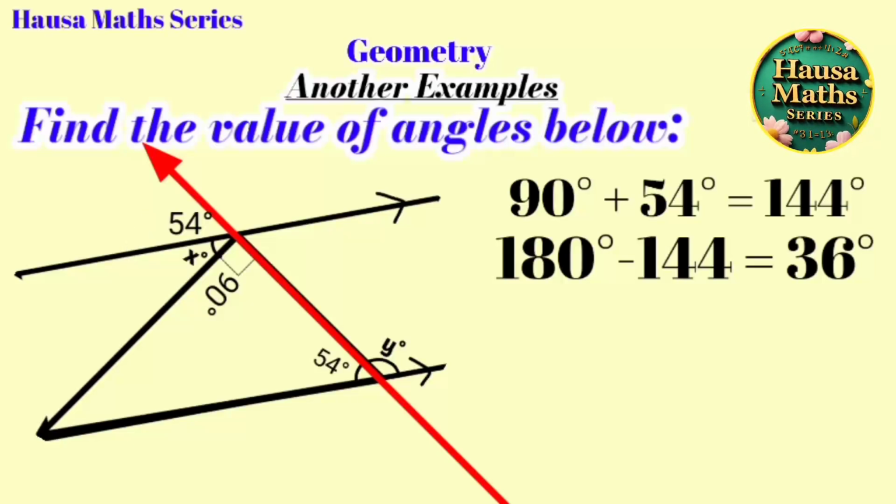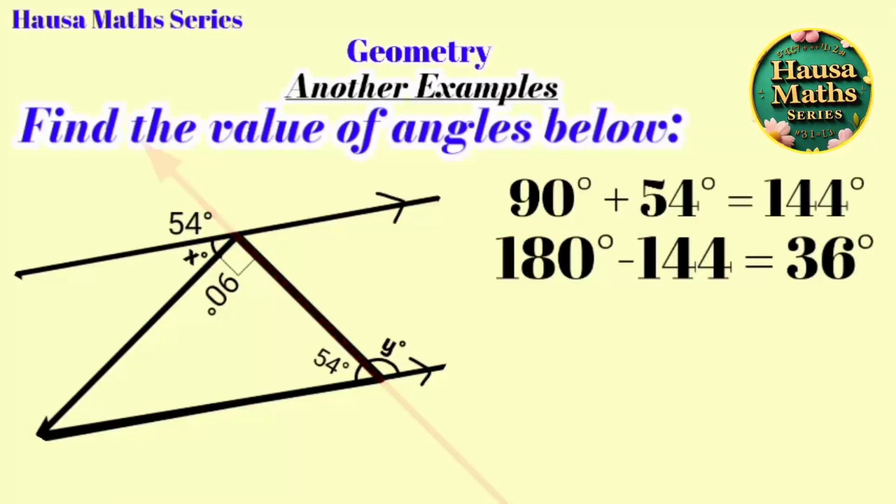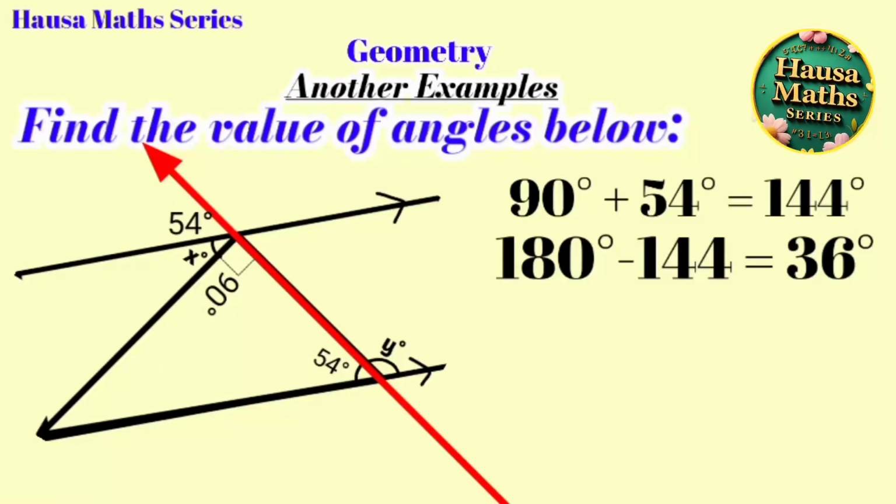Since we have 180 degrees on this straight line, we are going to subtract this 144, means 180 degrees minus 144, it's going to give us exactly 36 degrees. Therefore the angle x here, which is the remainder of 180, is 36 degrees.